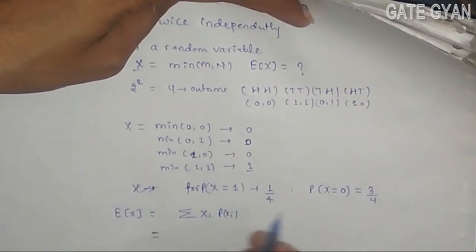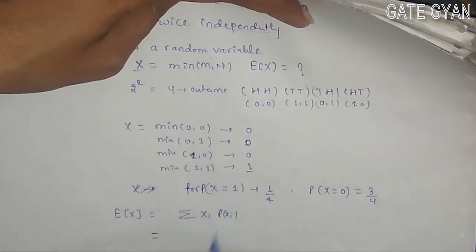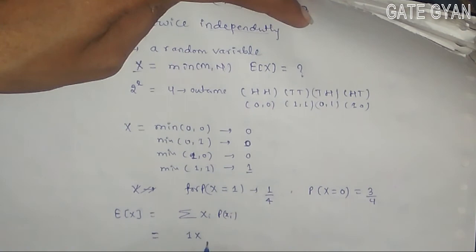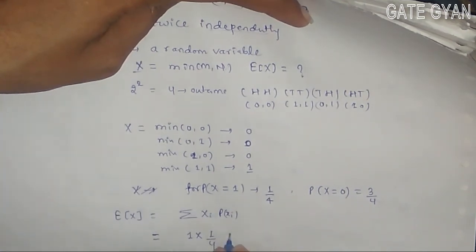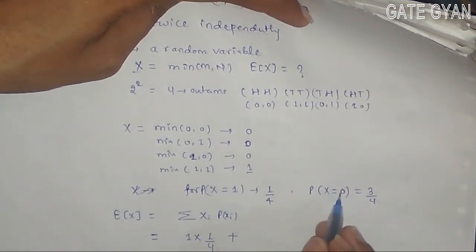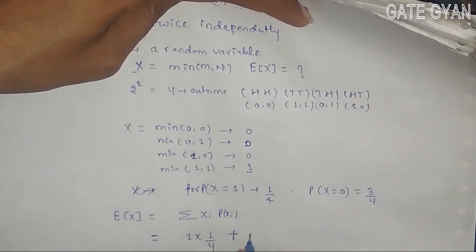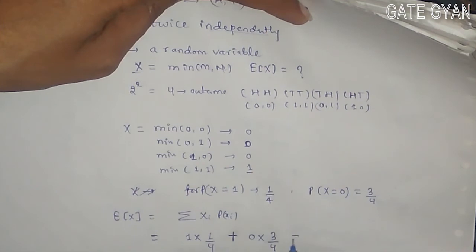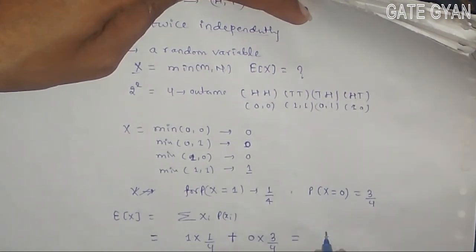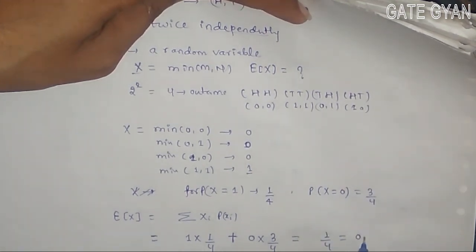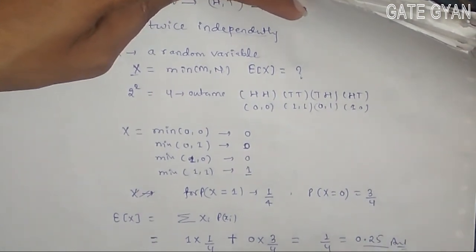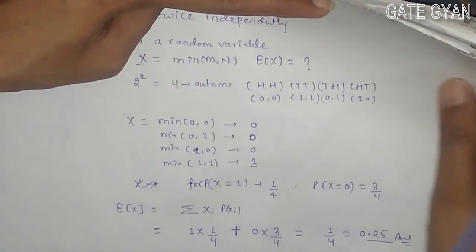When x is 1, this is going to be 1 into probability for x equal to 1, which is 1 by 4, plus second term, x is 0, so this is going to be 0 into probability of x, which is 3 by 4. So here we will get our mean as 1 by 4, that is equal to 0.25. So our answer is 0.25.